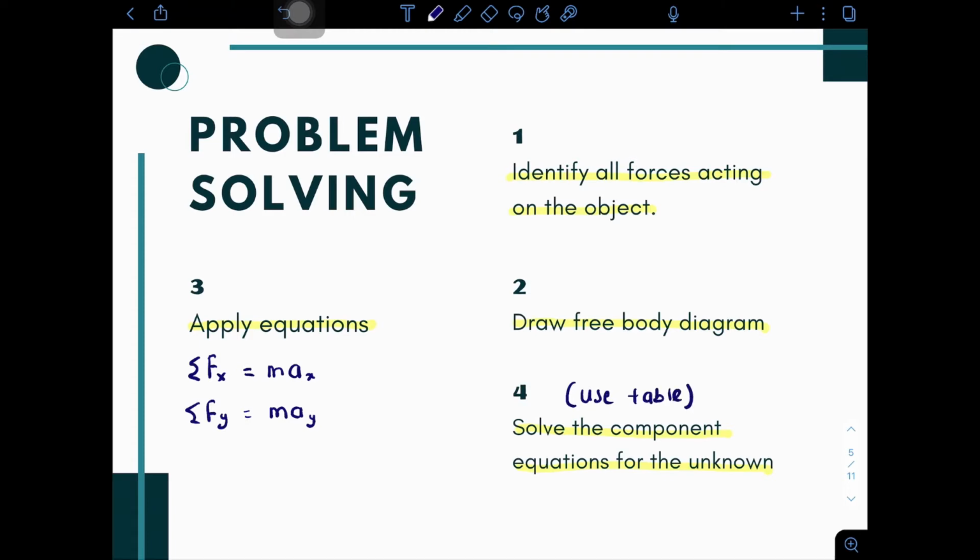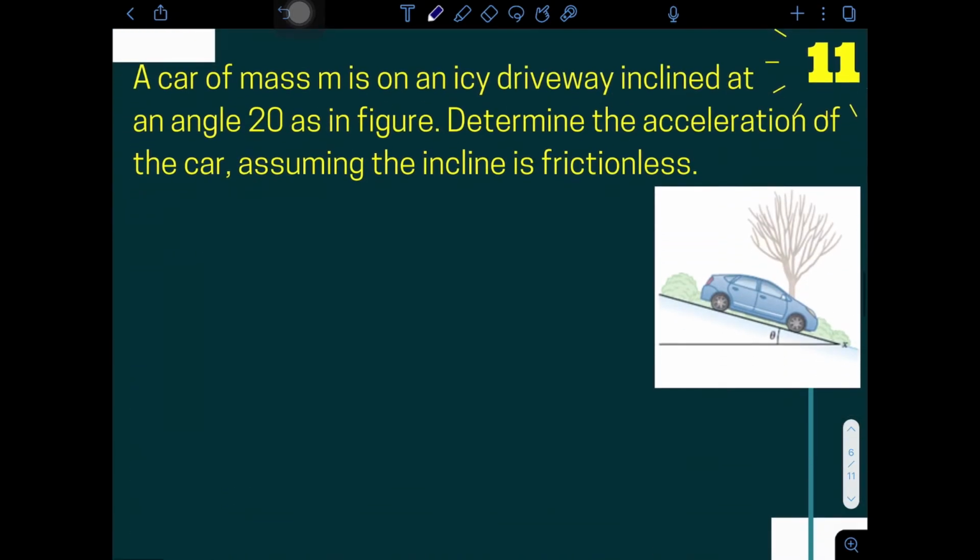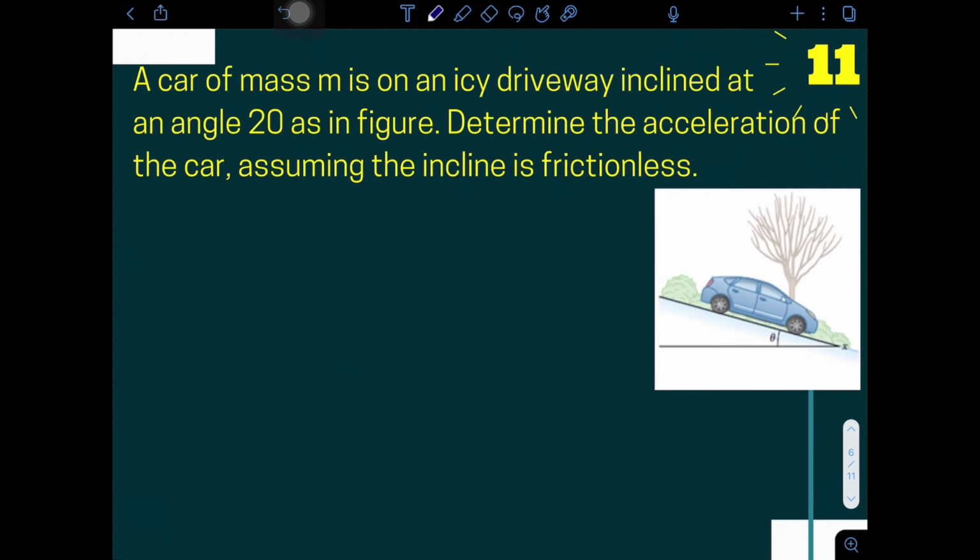Okay, so let's look at example 11. We have a car of mass m on an icy driveway inclined at an angle of 20 degrees, as in the figure. Determine the acceleration of the car, assuming the incline is frictionless. We have a few keywords here.